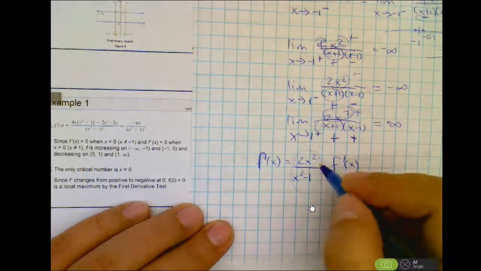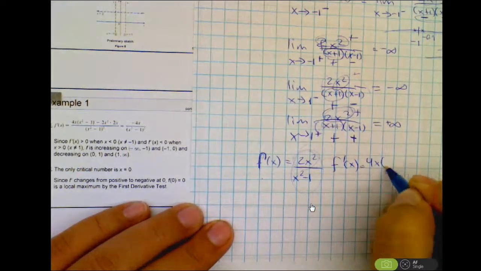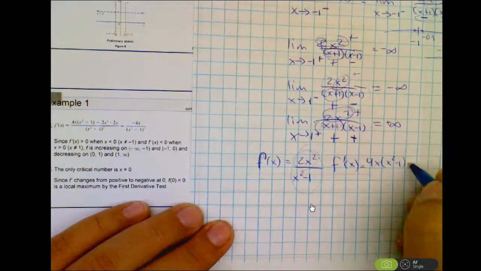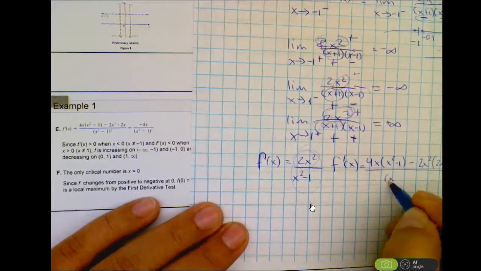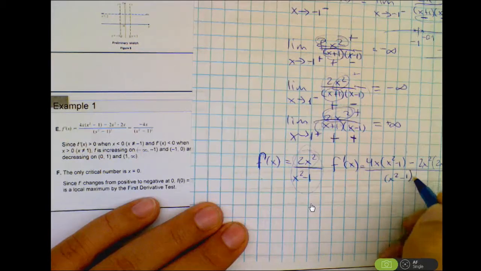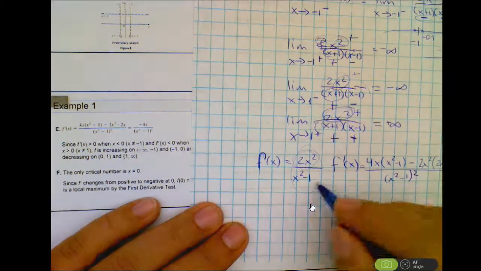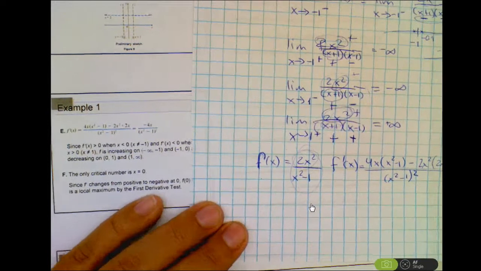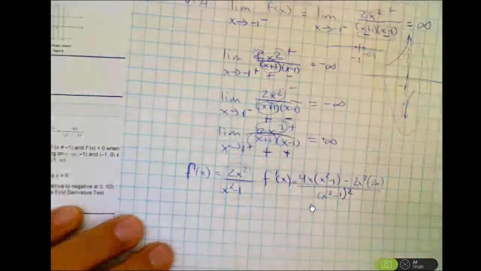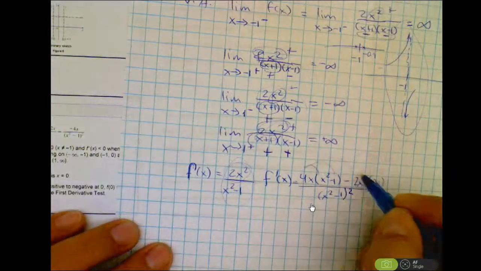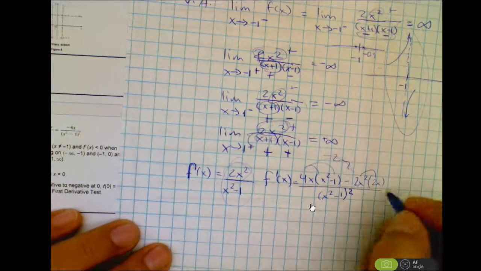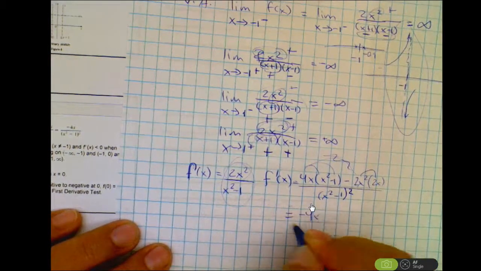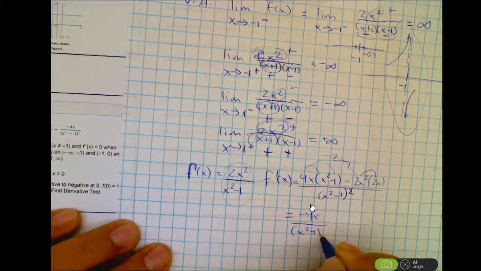So derivative of the top, 4x, times the bottom, minus the top times the derivative of the bottom, which is 2x, and everything over (x squared minus 1) squared, because remember that you have to do that. Once you multiply everything out and combine like terms, you're going to get negative 4x over (x squared minus 1) squared.